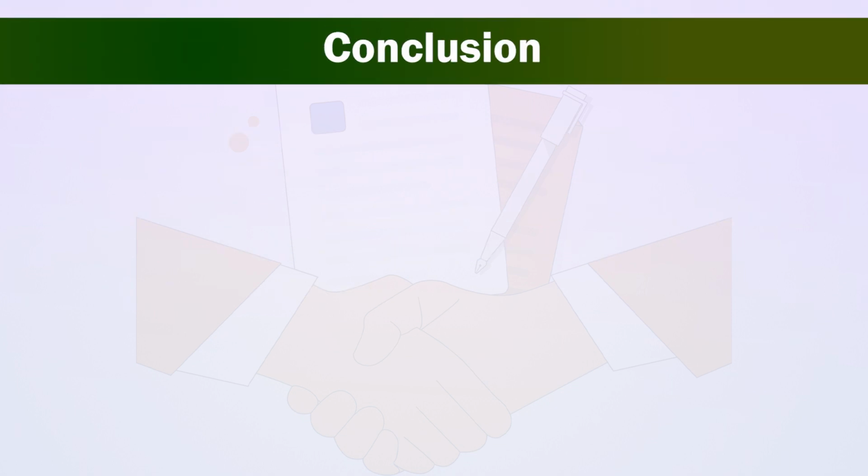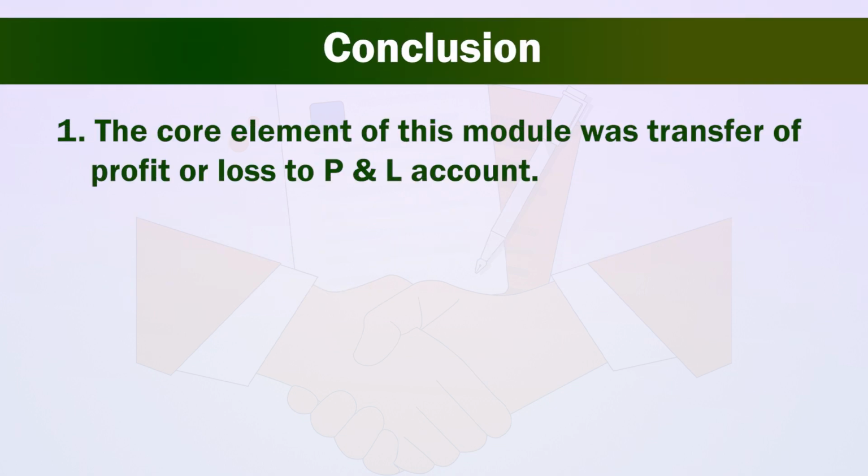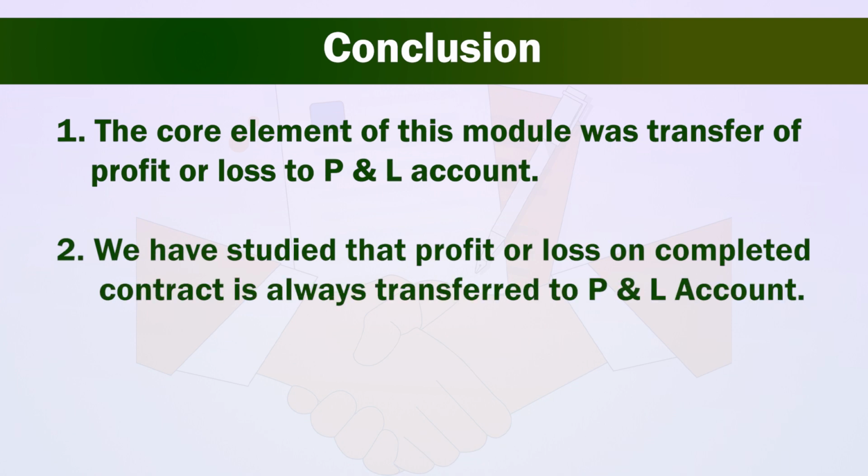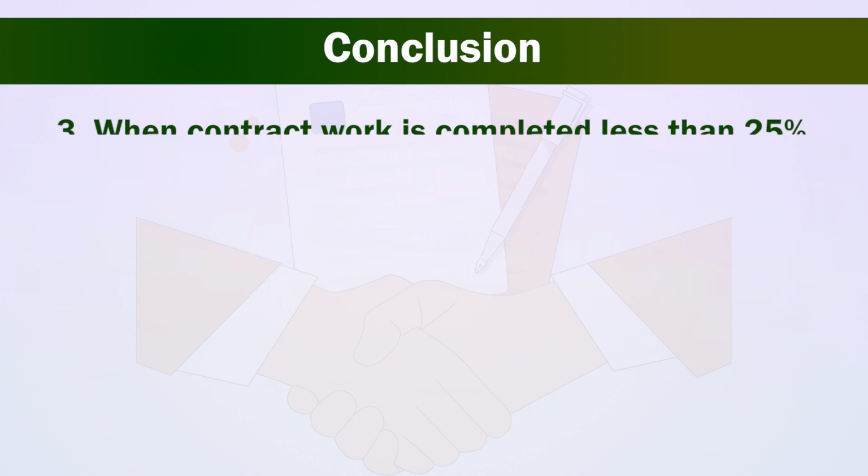Let's conclude the session. Number 1. The core element of this module was transfer of profit or loss to profit and loss account. Number 2. We have studied that profit or loss on completed contract is always transferred to profit and loss account. Number 3.